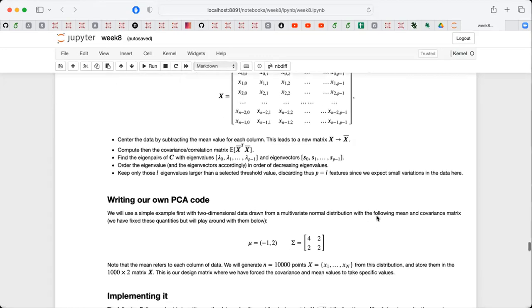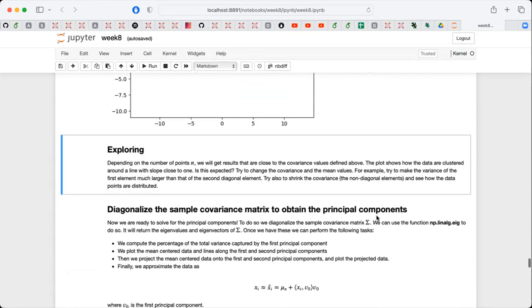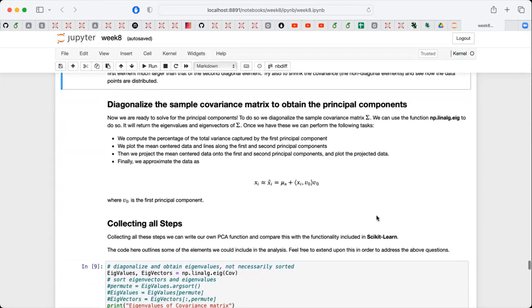So if we proceed a little bit here, after this simple example which we looked at, what you would typically do then is to find the principal components, so to diagonalize the covariance matrix, and in this case you can use your linalg eigenfunction to do that.